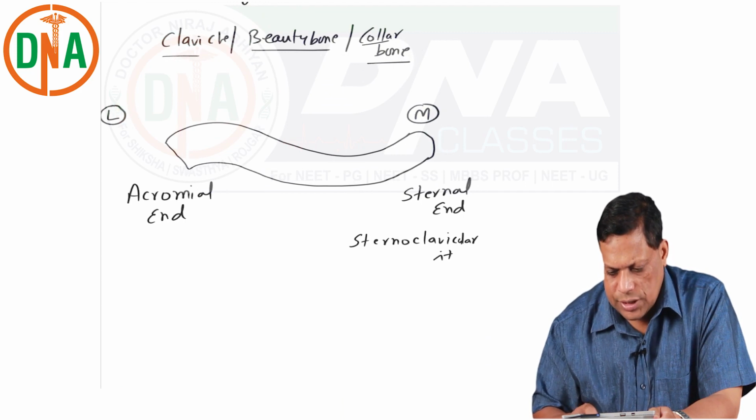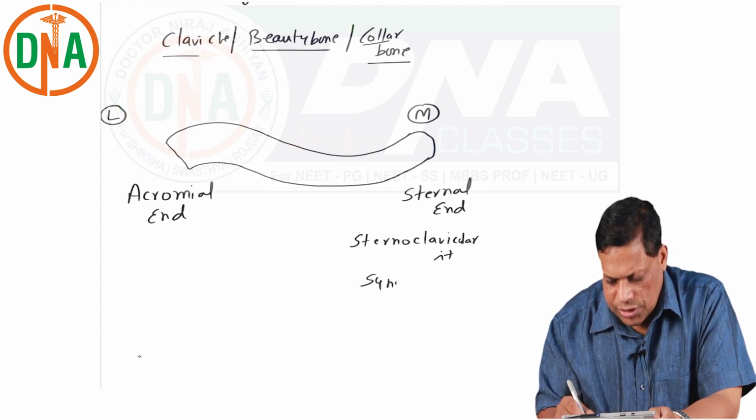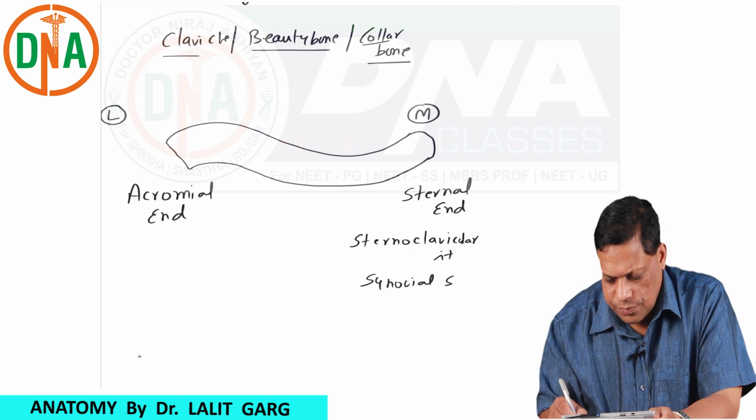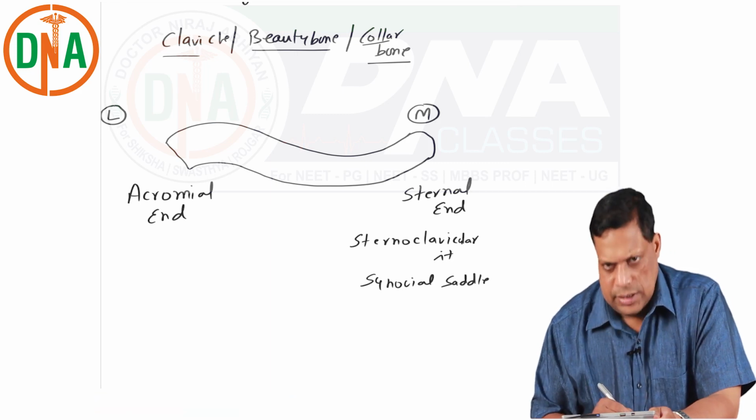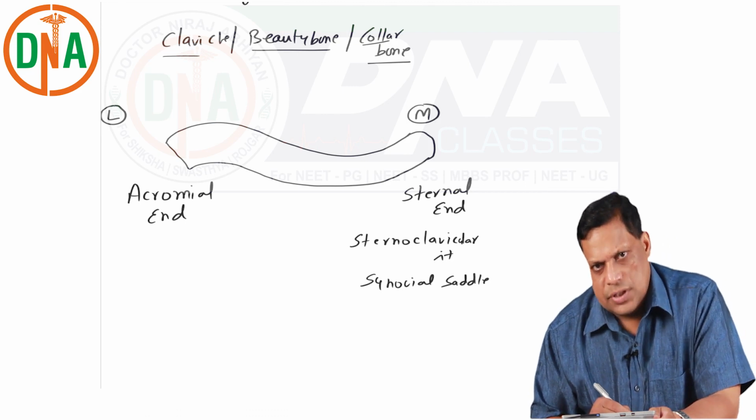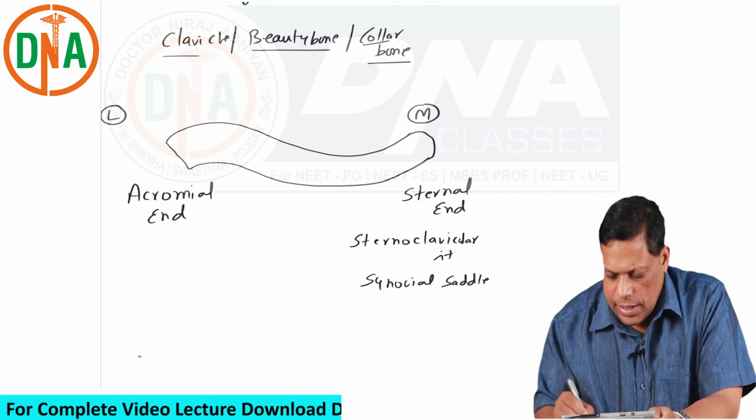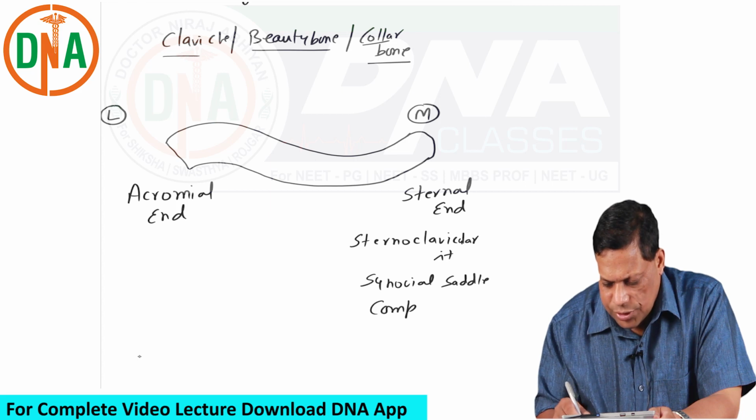What type of joint is this sternoclavicular joint? It is a synovial joint of saddle variety. It is a complex joint.